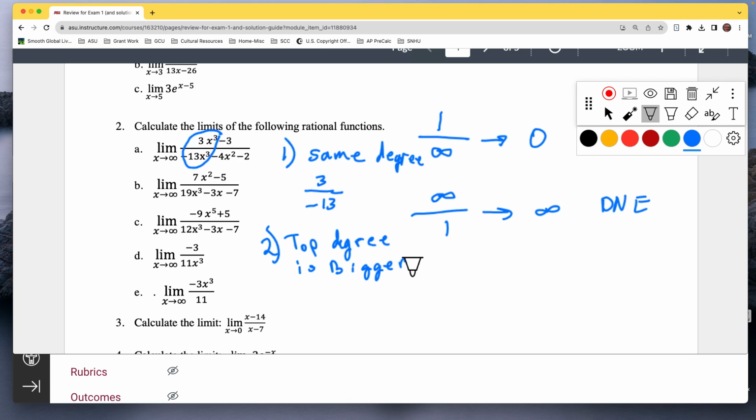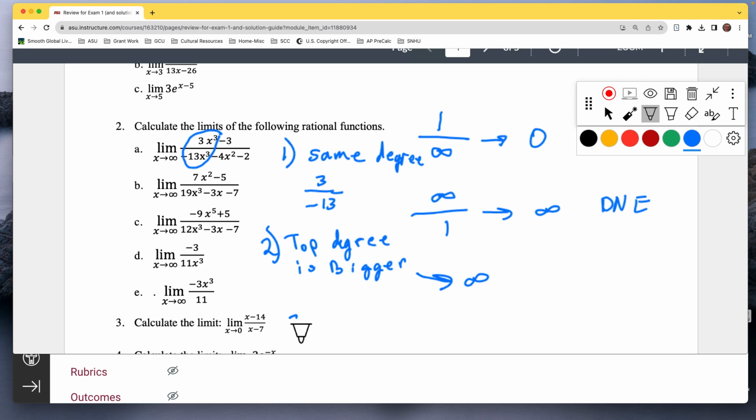The top degree is bigger, what happens? There's an x left in the top that's going to infinity, right? That's this case here. So it would go to infinity, or negative infinity if there was a negative in there. Okay? Depends on which way it's going.